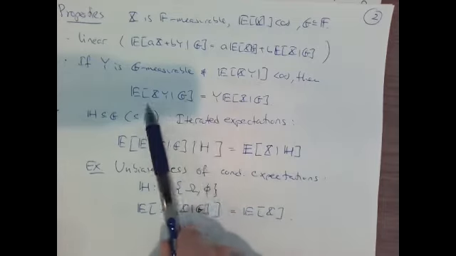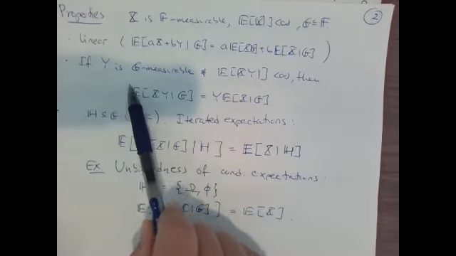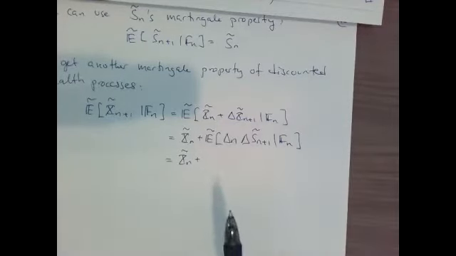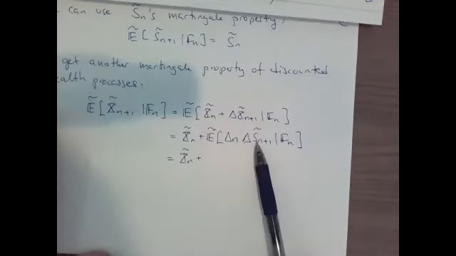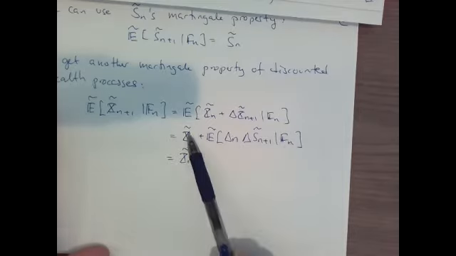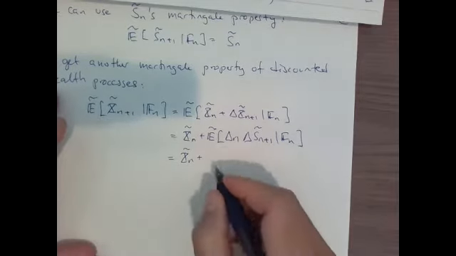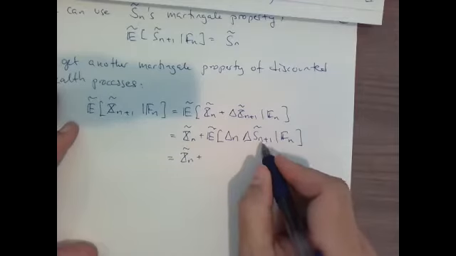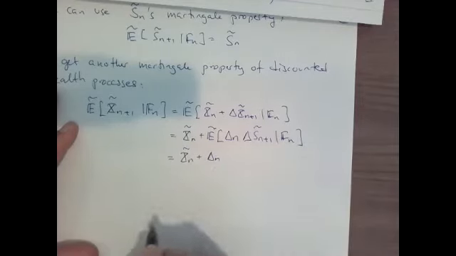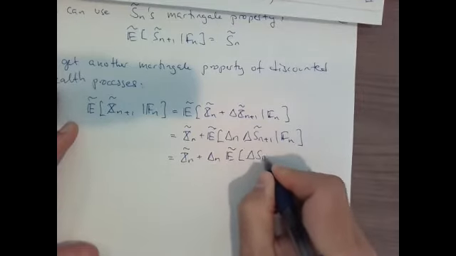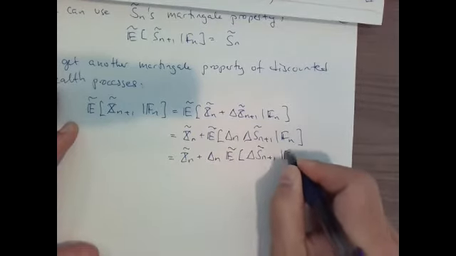So this delta here can just go outside the conditional expectation because it's already Fn measurable. And so that's what we see here. We have a product. The position, my stock position at time n is already Fn measurable. It can go outside. So this will be delta n times the expectation of the change in S tilde n plus 1, conditional on Fn.